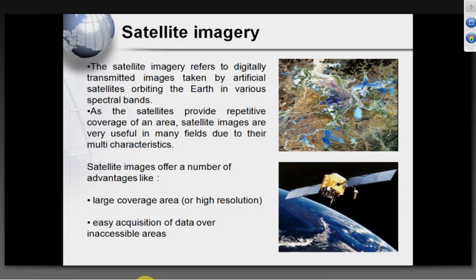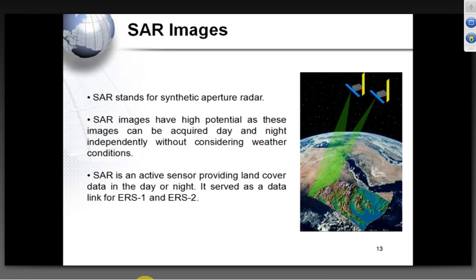Now next is SAR images. SAR stands for synthetic aperture radar. These images are also beneficial as compared to the satellite images, but both have different aspects.